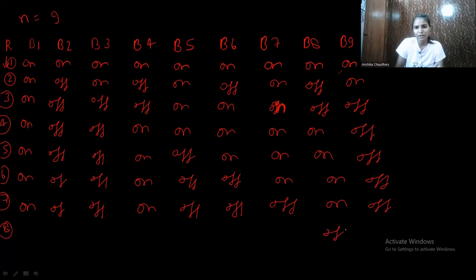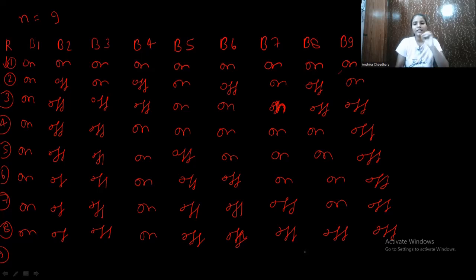That means this will be off and all the rest remain as they are. And at the ninth iteration, the ninth will be toggled. So it will be on and the remaining will be off, off, off, off, on, off, off, on.